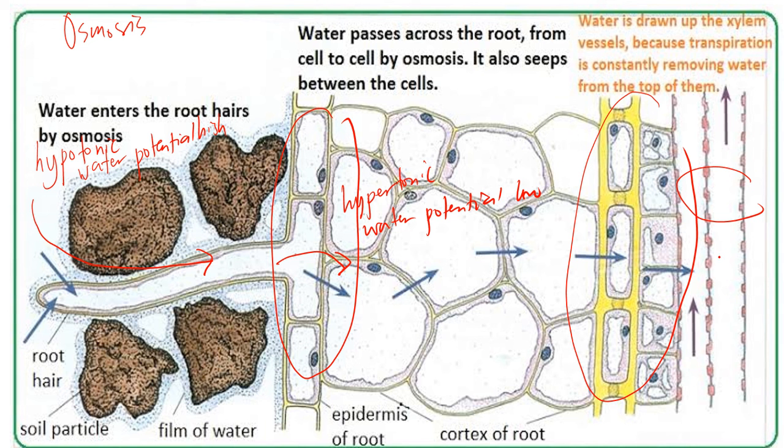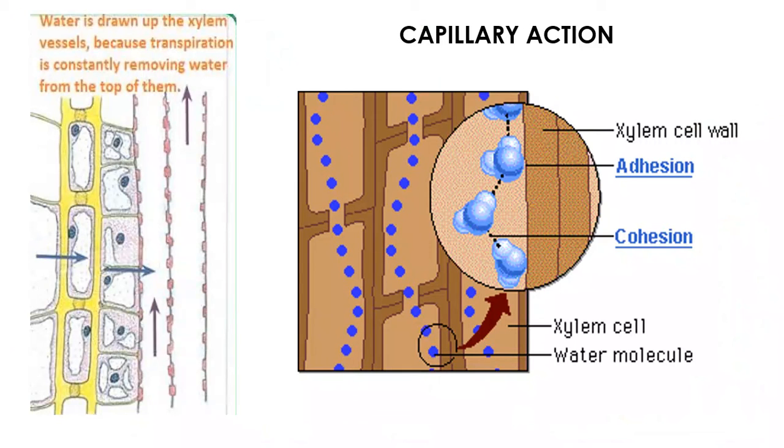But how does the xylem allow water to be easily transported from down up to the different parts of the plant? This mechanism is what we call capillary action, which involves two types of forces. The first force is adhesion.